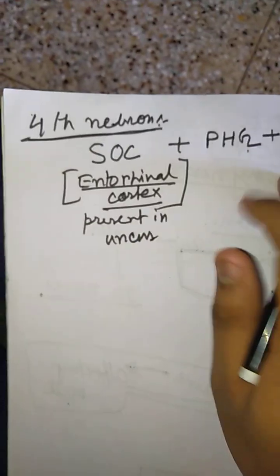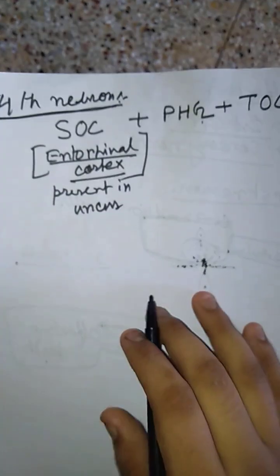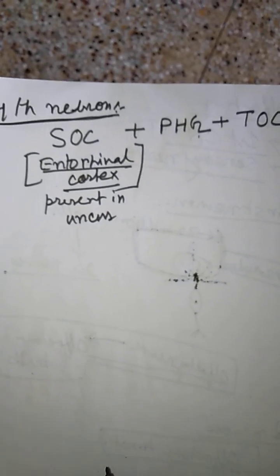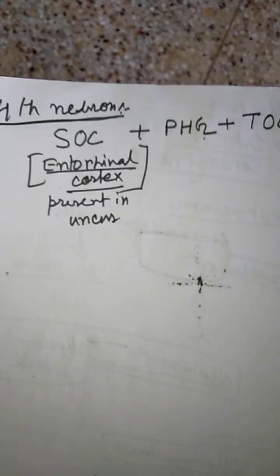And the fourth neuron is the fibers given off from the third order neuron, mainly the primary olfactory cortex and the other structures I discussed in the tertiary neurons.